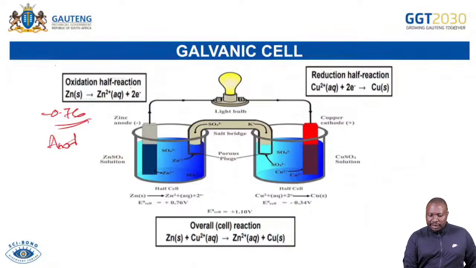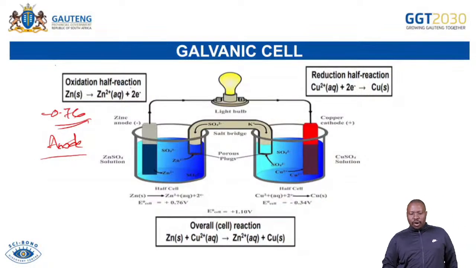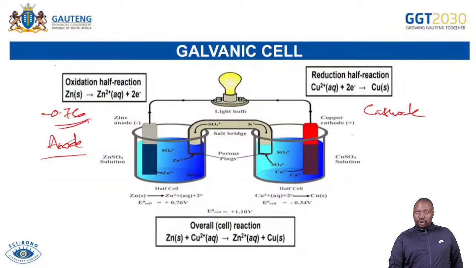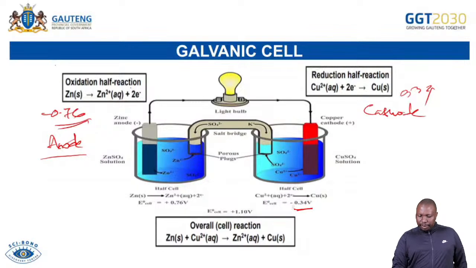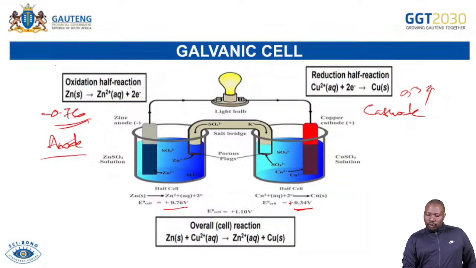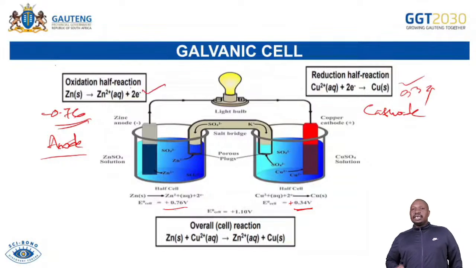You remember the smaller number is where your anode is, and your cathode has the bigger value, as I summarize, because we are running short of time. Then you know that your cathode is the one that is having the 0.34. So that is your cathode, a positive 0.34, and your anode is negative 0.76. Then the anode will lose electrons, and the cathode will gain electrons.